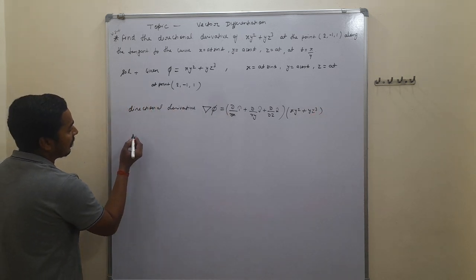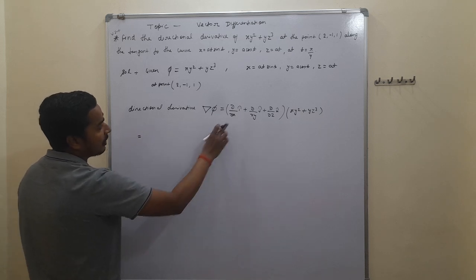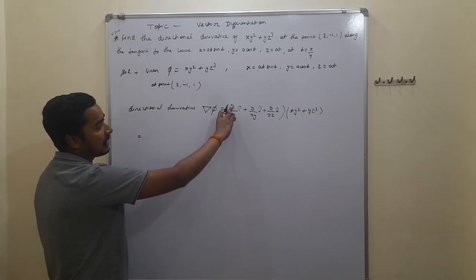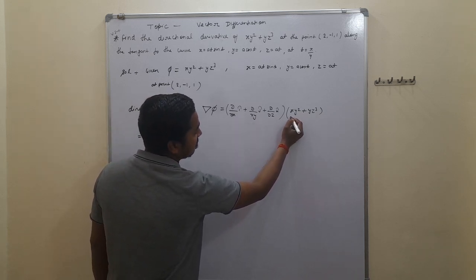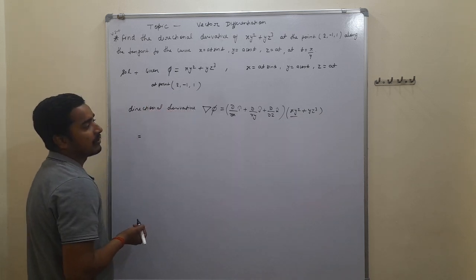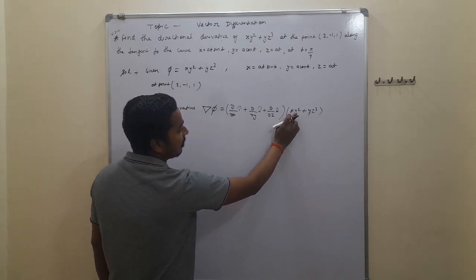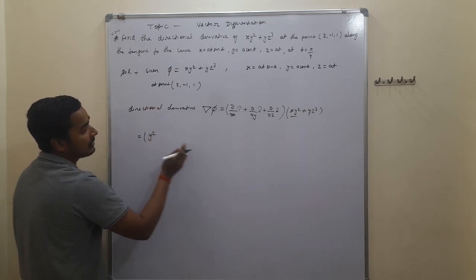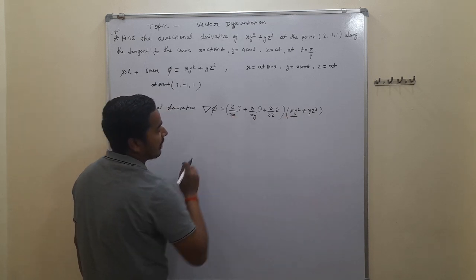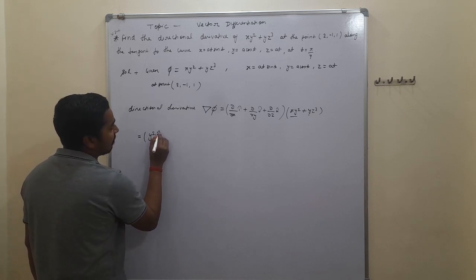We can write the directional derivative as: differentiating with respect to x, in xy² the term yz³ has no x so it is 0, y² is taken as constant and differentiating x with respect to x gives 1. This is y² i cap.